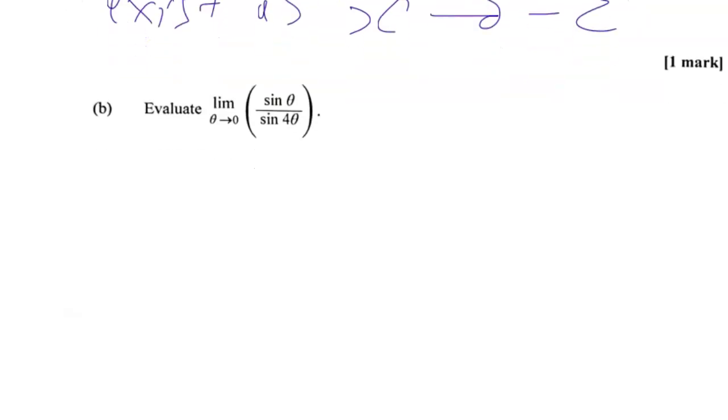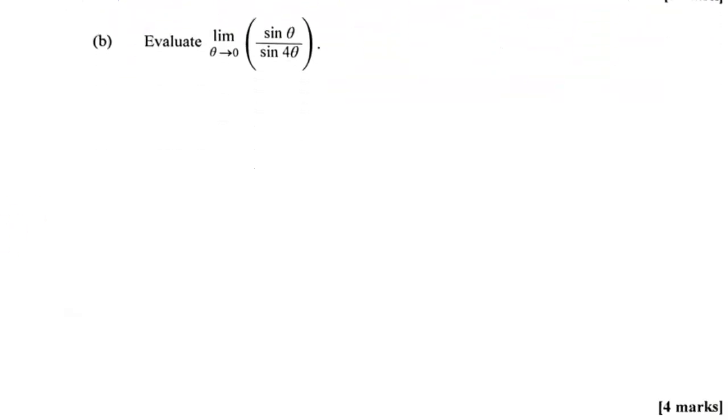Part B, evaluate the limit of sine theta over sine 4 theta as theta approaches 0. Alright, so the first thing we'll do is try what we call direct substitution. So we're going to substitute 0 for theta in the function.